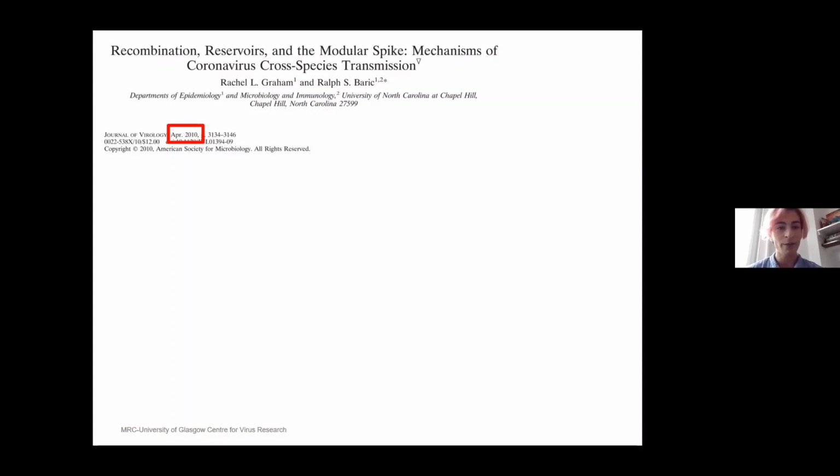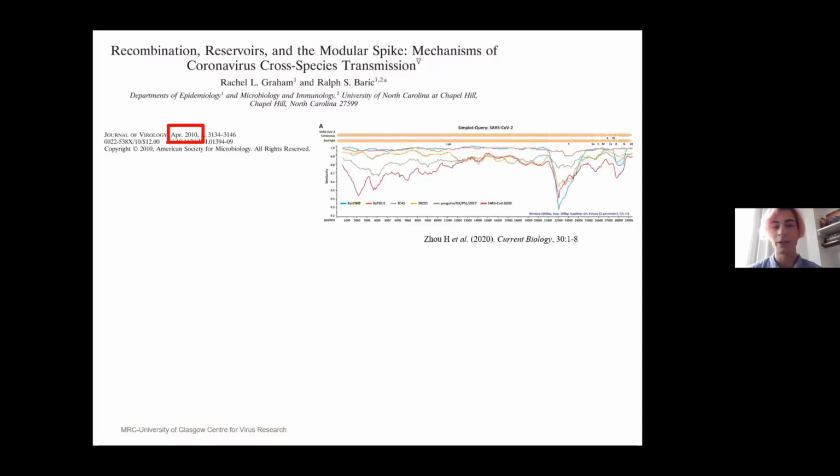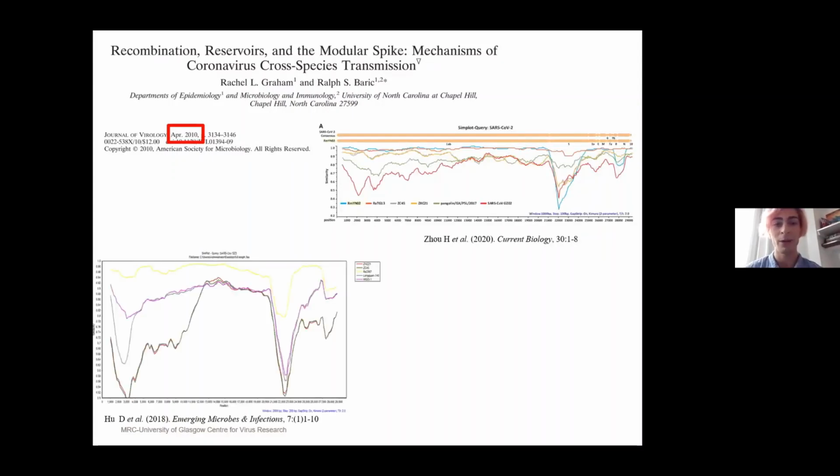And if you've been following the literature of all the new bat viruses that are getting sequenced, you always see a similarity plot. And in the similarity plots, you see some dips and some peaks, meaning that some parts of the new coronavirus genomes are more similar to SARS-CoV-2, for example, than others, indicating that there is recombination taking place.